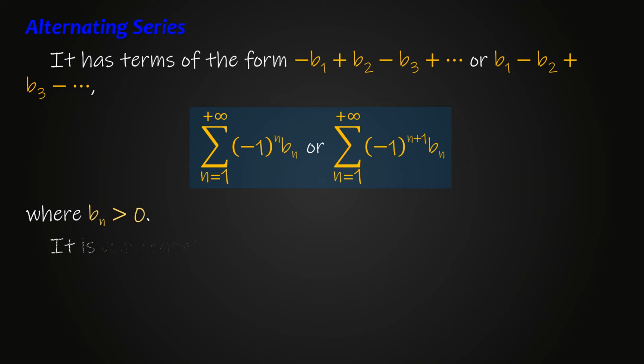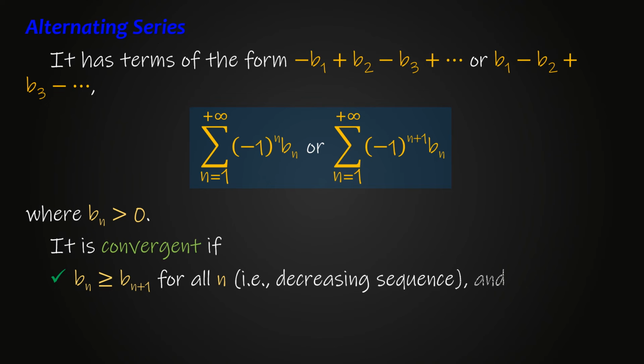An alternating series is convergent if the absolute terms are decreasing for all n, and the absolute terms converge to 0.